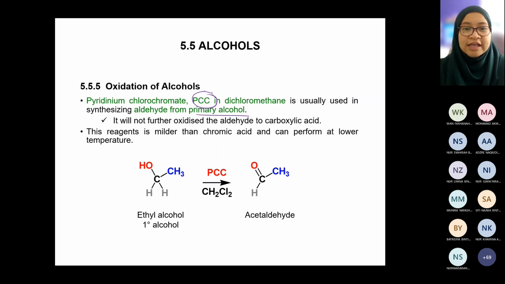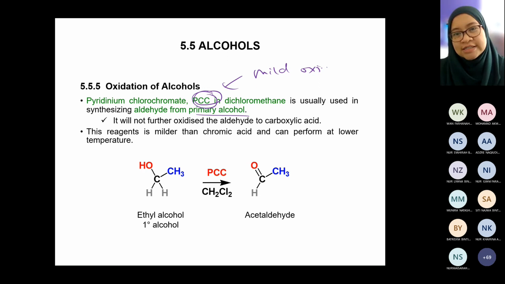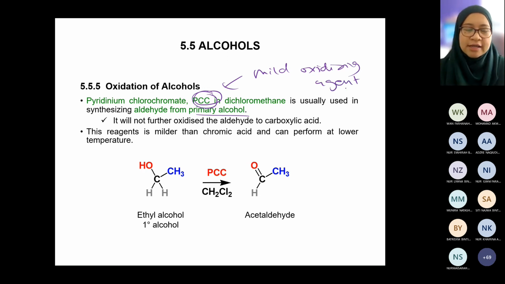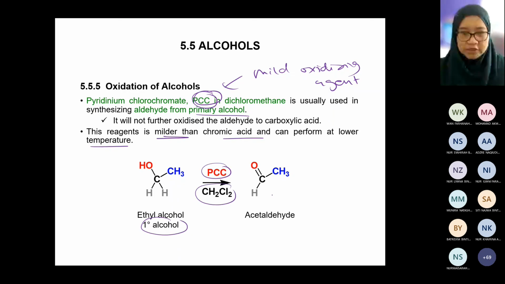Sebab ini, this is what we call mild oxidizing agent. Potassium manganate and dichromate just now, dia strong oxidizing agent. Okay, so it is milder than chromic acid and can perform at lower temperature. So by using primary alcohol, using this PCC in this solvent, it will produce an aldehyde.